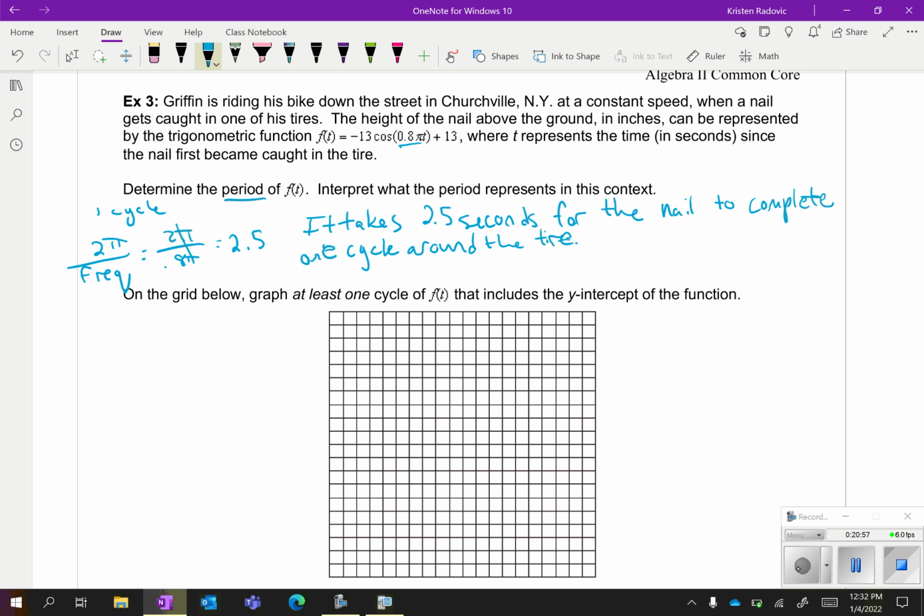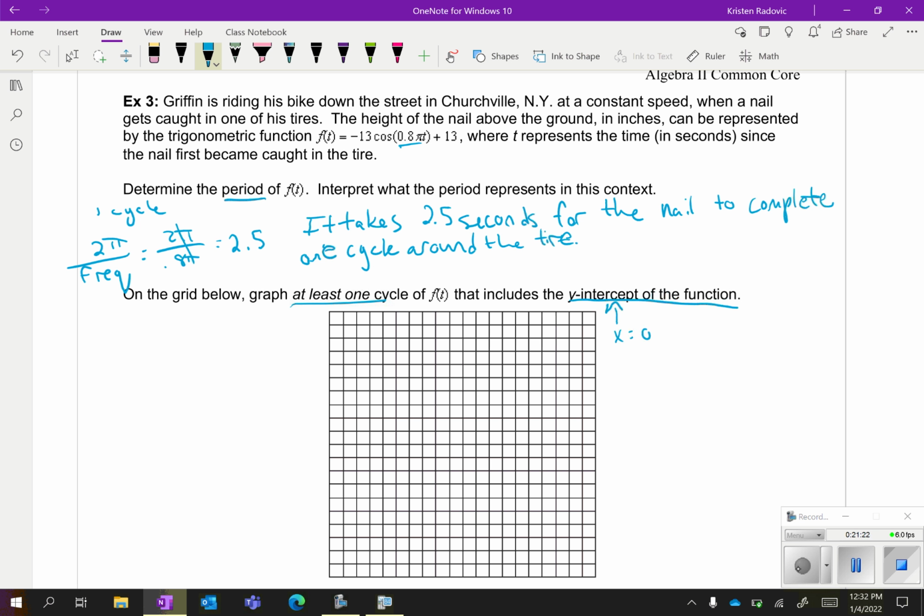Now they're wanting you to graph at least one cycle. So you can graph more if you want to. I don't know why you would want to. So just do one. If they say at least one, do the minimum effort. Anyway, they do want you to include the y-intercept of the function. That means they want you to start at x equals 0.